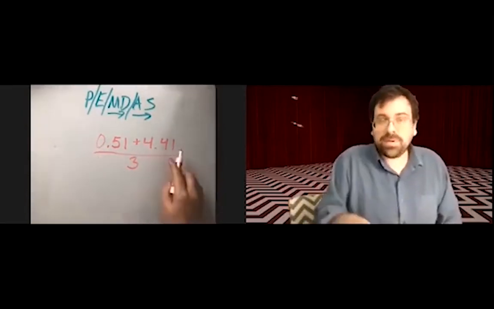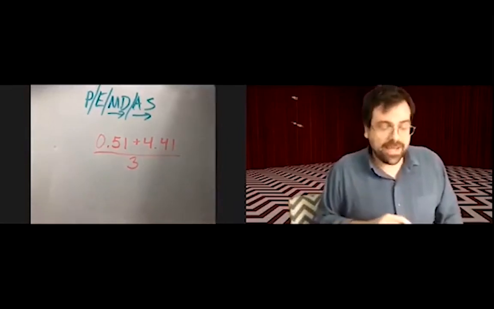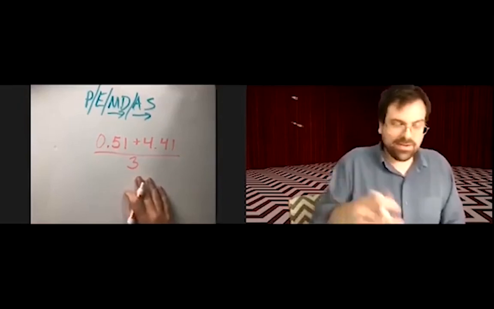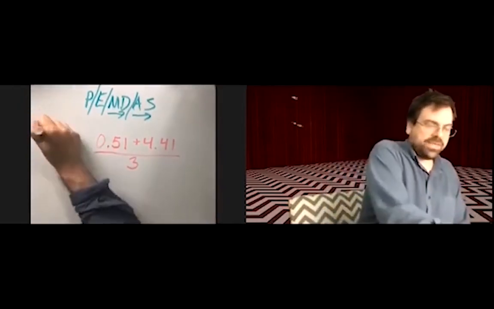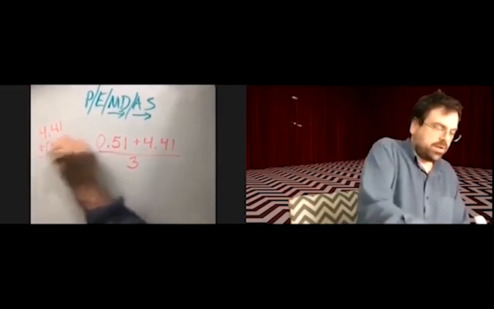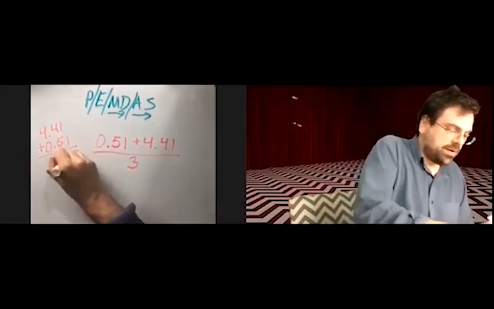So we do the top completely, we do the bottom completely, and then we divide as the final step. Bottom's already done for us. It's just the number 3. On top, we add, which means we line up the decimals. Decimal point goes in the same spot in the answer.